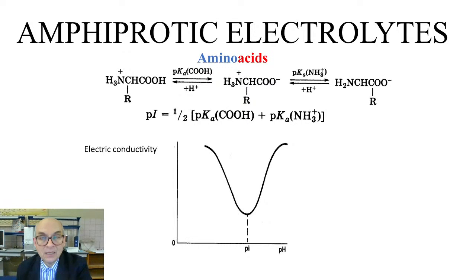So, according to this slide, we can say that at the conditions of our organism, any protein is present as a composition of 2 forms: the isoelectric state, when charge is 0, plus the anion, the negatively charged structure.